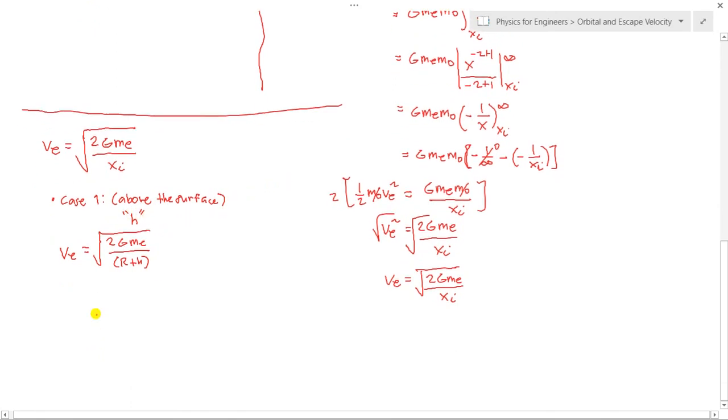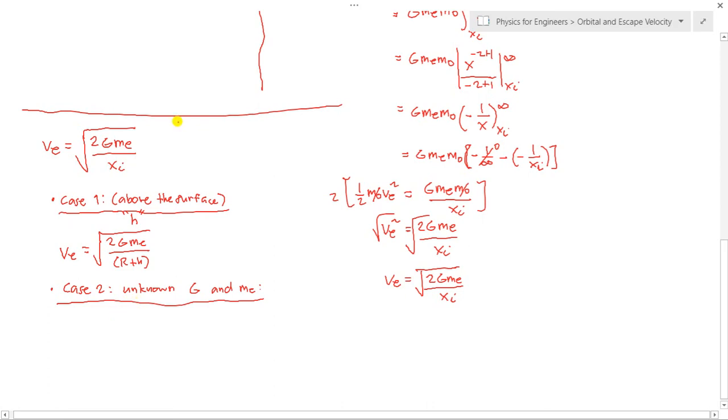But what if, class, what if it is unknown, we do not know G and the mass of the earth? So for case 2, how about if G and M_E, the mass of the earth, are unknown? What will we do? Do we still have another alternative formula for our escape velocity?